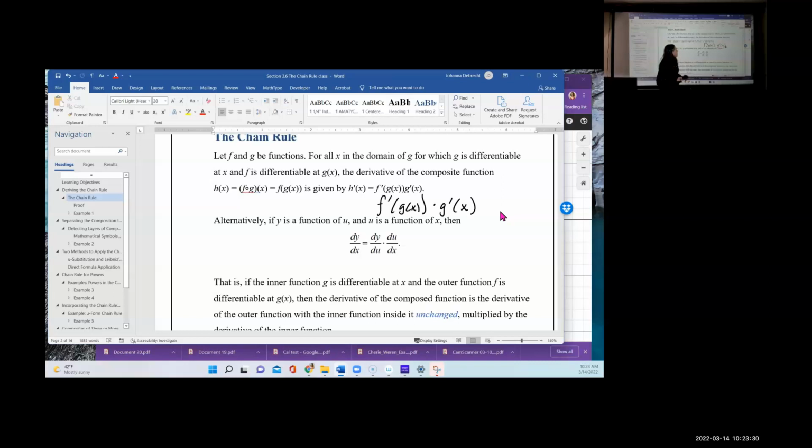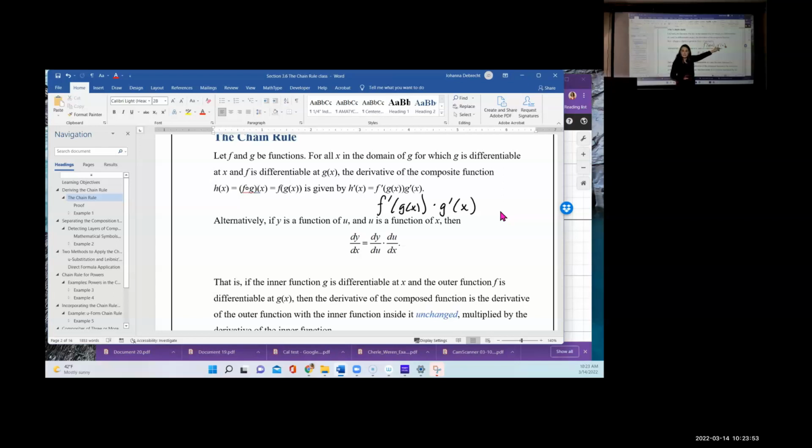Now, notice that the first set of parentheses here is larger than the inside. I'm taking the derivative of the f function and I'm substituting the g function in place of the variable. So take the derivative of the outside function, substitute the inside function in place of the variable x.